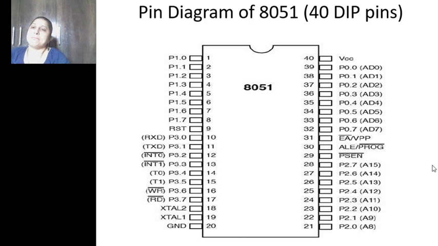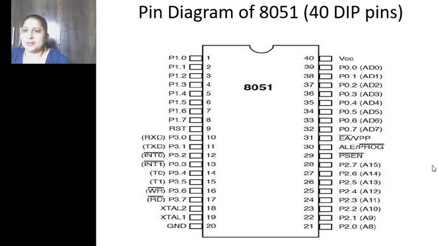So pin number 32 to 39 we can use as low order address lines A0 to A7. The same pins we can use as the data lines D0 to D7, and the same pins are also used as port 0 input output lines.